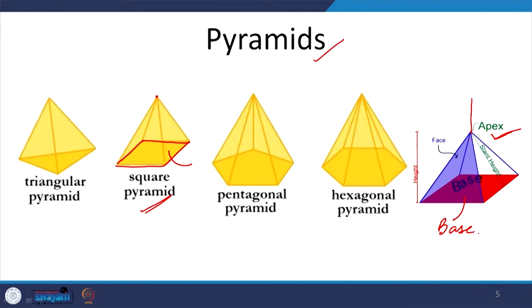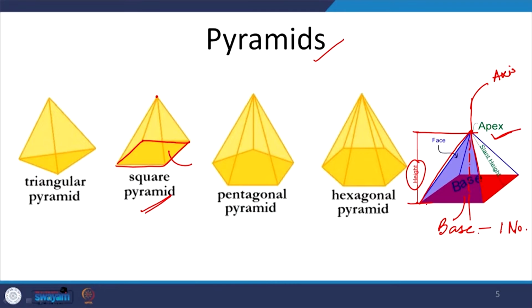We will have an axis here, as we had in the prism as well, and the height. So, prism and pyramid both have height. The only difference being that we only have one base here, while in prism we had two bases, and in this case the top is one single point where all the lines converge.